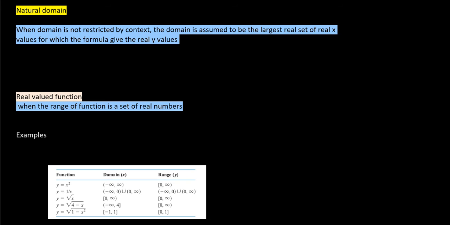Okay, as I also described in the previous lecture, when we do not restrict the domain and give all the possible values of R, we can say that that is a natural domain.